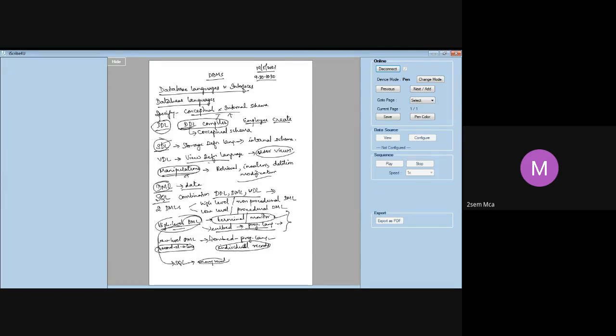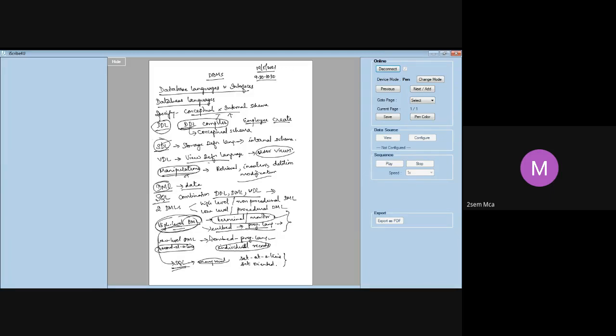That is why high-level DMLs are also called set at a time, or set oriented. Why set at a time? One set of records can be processed at a time using your high-level DML. One example of high-level DML is your SQL.